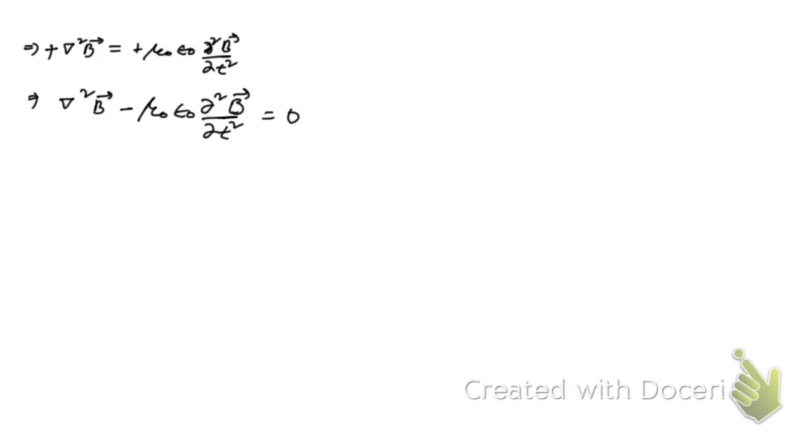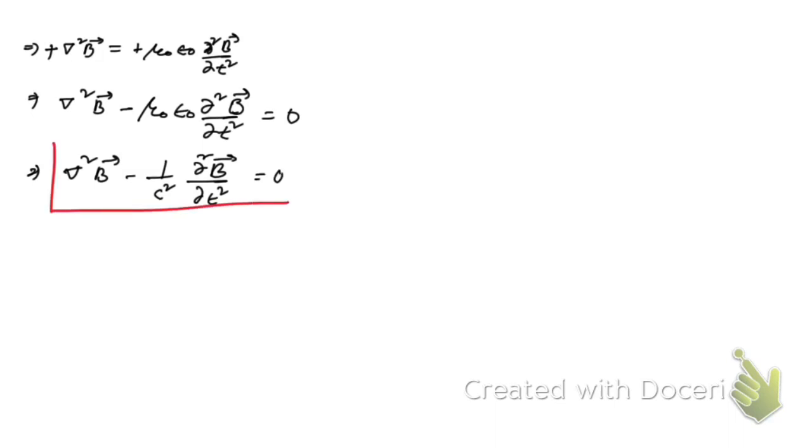That's what we have got, right? So similarly, this can also be written as 1 by c square del second order partial derivative of B with respect to T is equal to 0. So this is the electromagnetic wave equation.